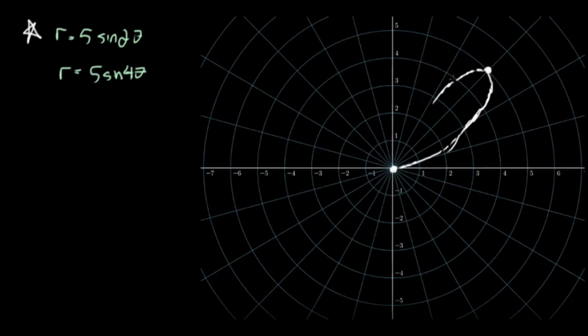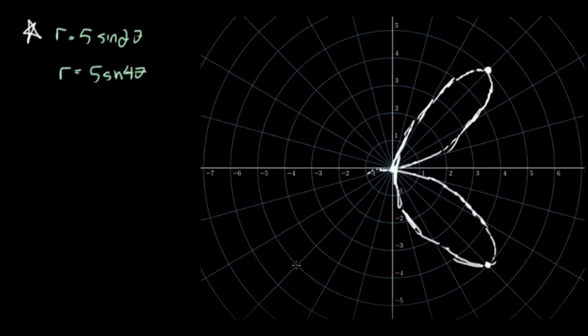This is a good time to remind you guys to attempt these problems before I do it. All right, that's 1 petal. All right, this is going to go straight through right there. The next petal is going to be over here. We're going to have a negative length of 5 at 3 pi over 4. Go straight through here. Now we're going to be at 5 pi over 4.